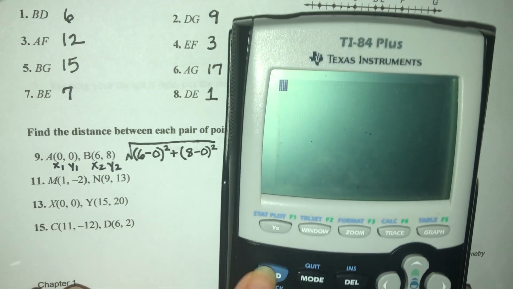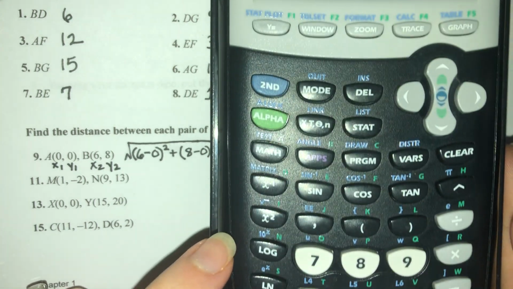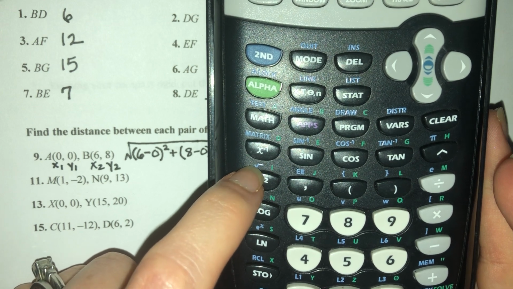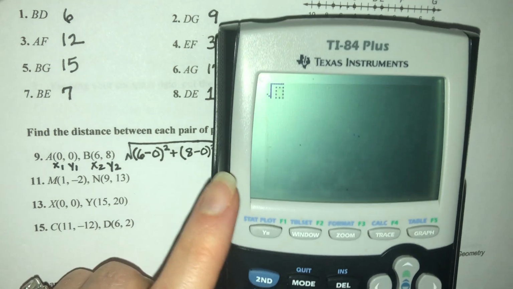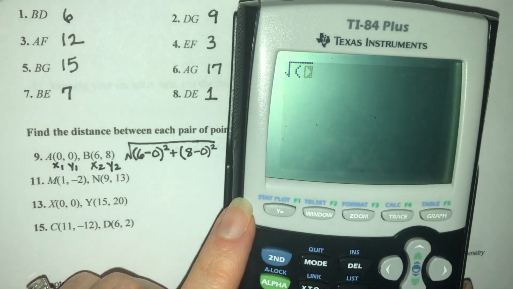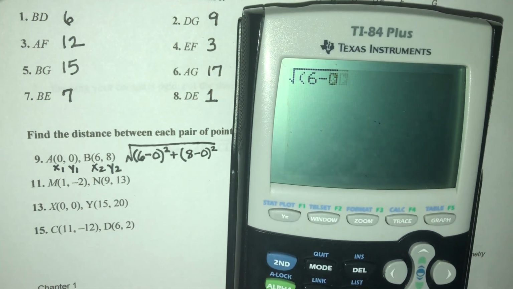You're going to hit second, which is the blue button in the top corner, and then you're going to hit the square root button, which is the x squared button, the one just below that. So the square root is right there. Then you're going to do an open parenthesis, which is above the 8, and you're going to type 6 minus 0.